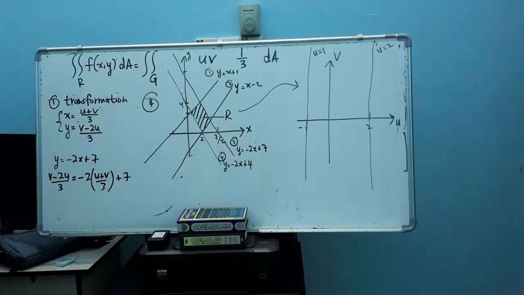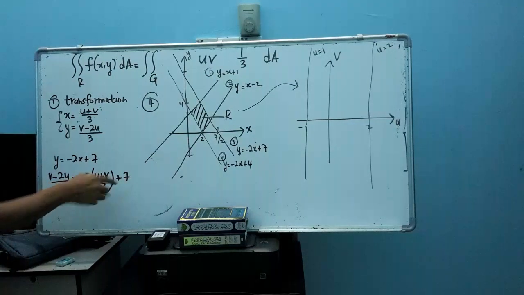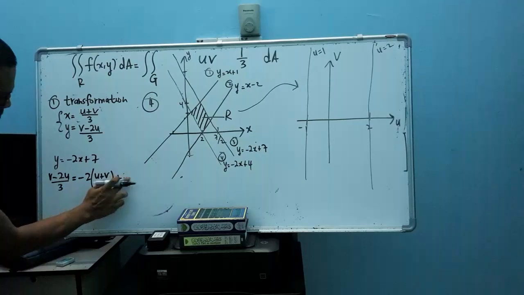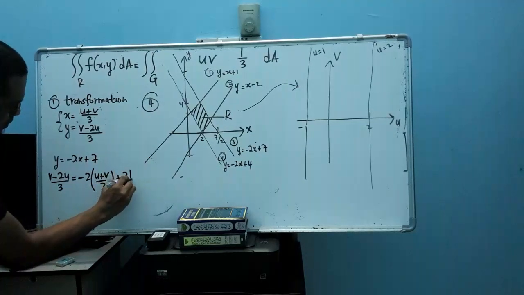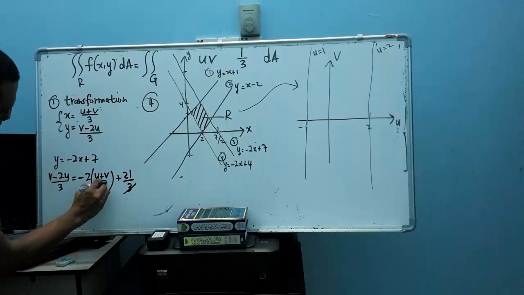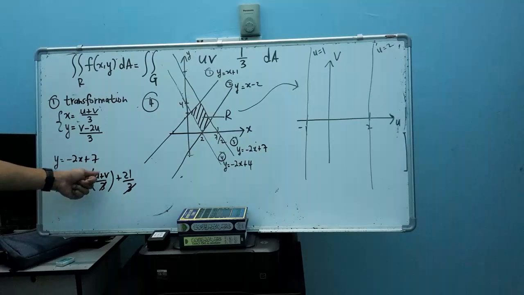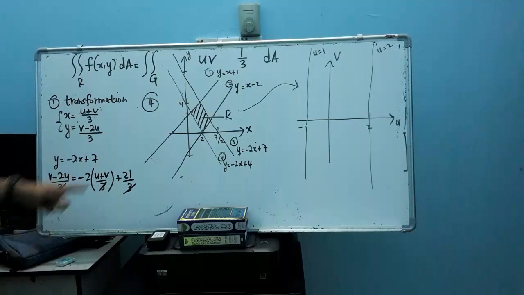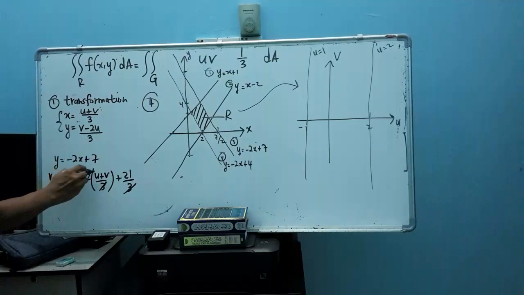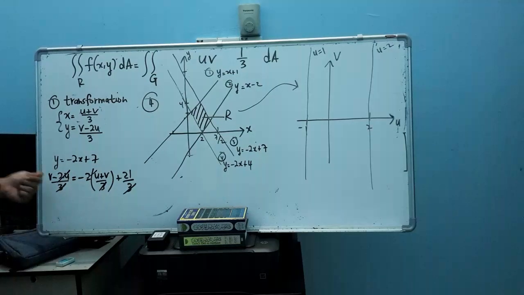Of course, I can let this be plus 21 over 3, so I can cancel this 3. Then I will have v minus 2u equals minus 2u minus 2v plus 21. Since I have minus 2u on both sides, I can cancel. Then I will have v equals minus 2v plus 21.